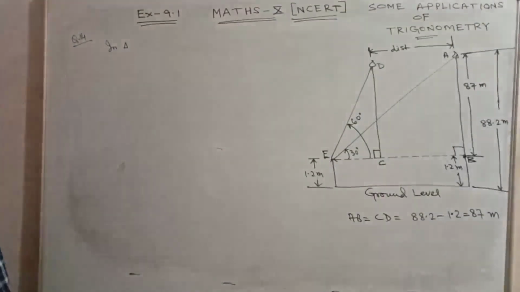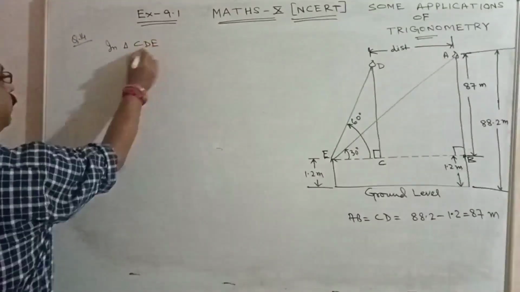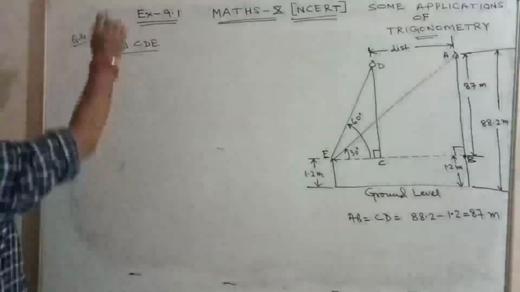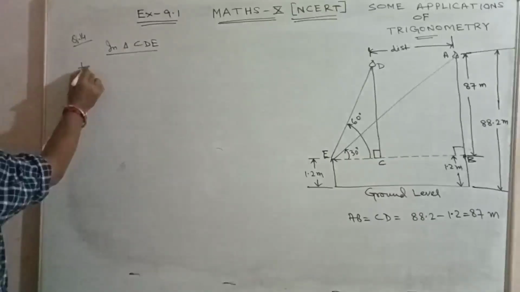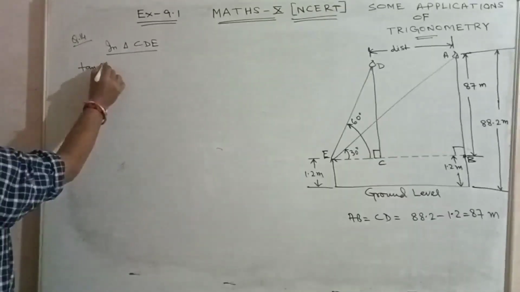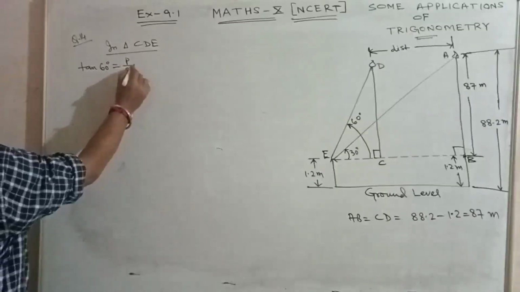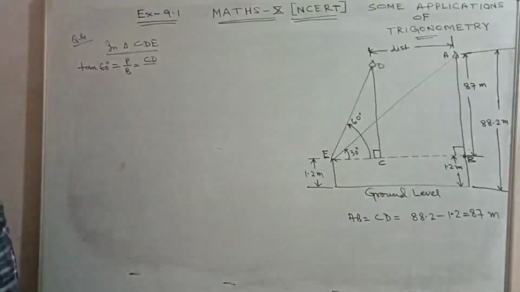Now in triangle CDE, tan 60 degree equals to perpendicular upon base. Perpendicular is CD, base is EC.